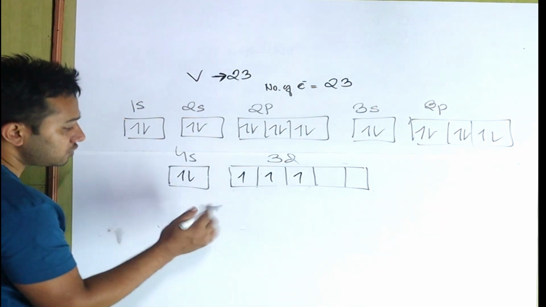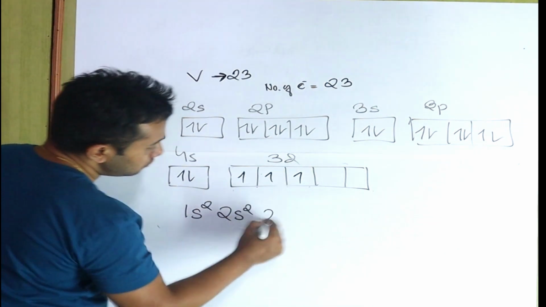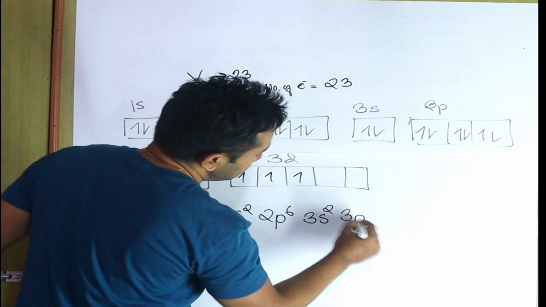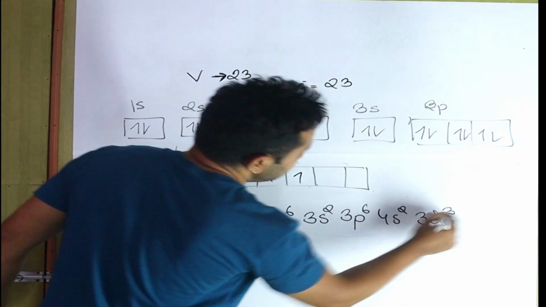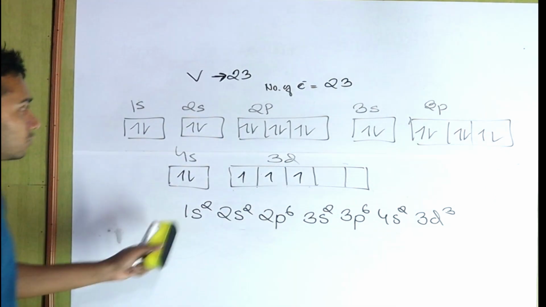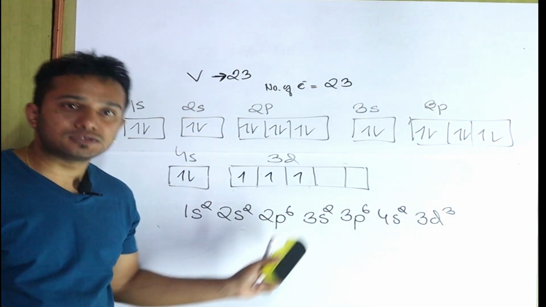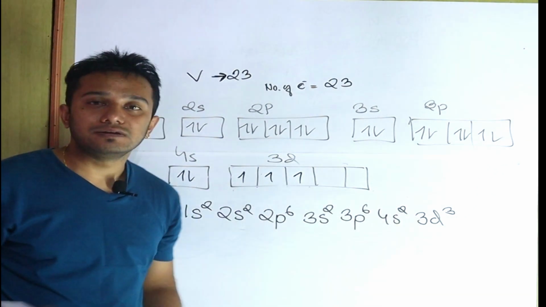So now if I write the electronic configuration, I will have 1s2, 2s2, 2p6, 3s2, 3p6, 4s2, 3d3. So this will be the electronic configuration of vanadium: 1s2, 2s2, 2p6, 3s2, 3p6, 4s2, 3d3.